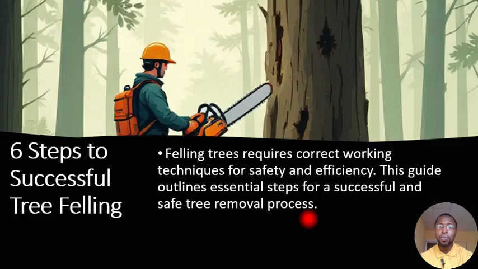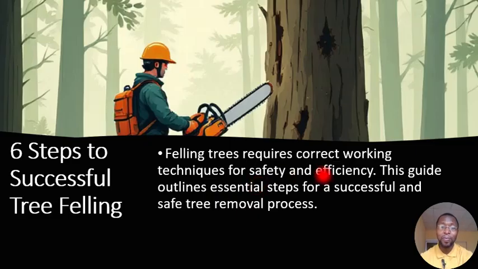All right. Now, let's talk about the 6 steps to successful tree felling. If you go to the forest and you want to fell a tree, you must follow these 6 steps. Felling trees requires correct working techniques for safety and efficiency.